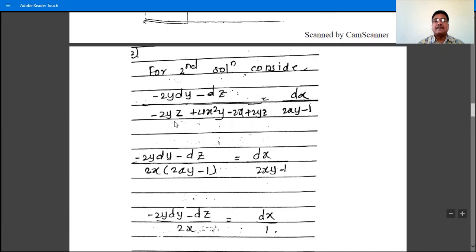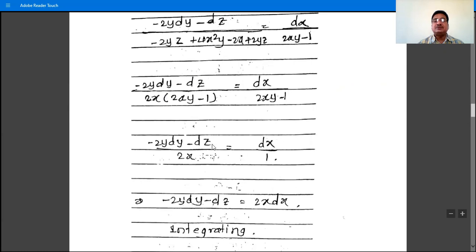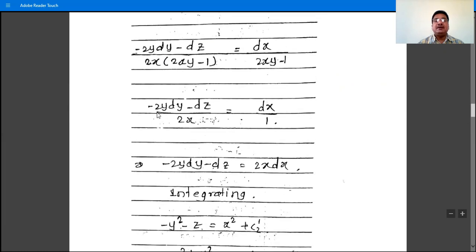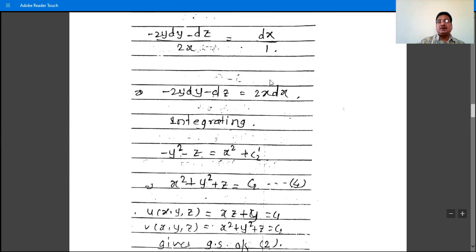So we have the denominator, taking 2x as common: -2yz and 2yz get cancelled, leaving 2x(2xy - 1), and then cancel the 2xy - 1. So we have (-2y dy - dz)/2x = dx/1. Shift this 2x to the right side, so we have 2x dx.